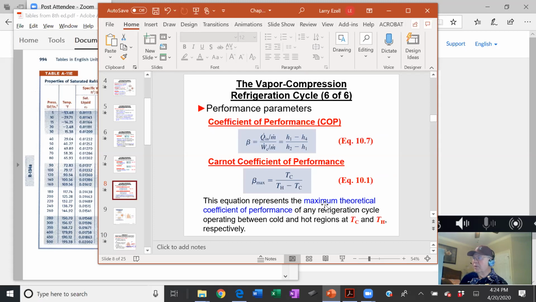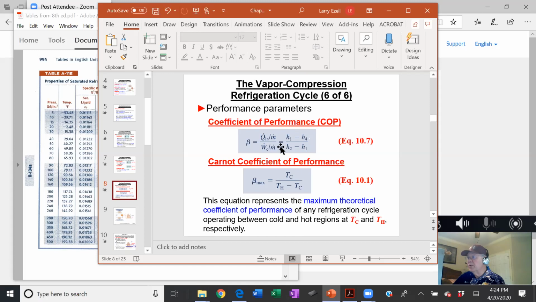There are a couple of parameters we want to look at. Coefficient of performance, we talked about that. That's beta. And beta is equal to the QC, we called it in some of the other diagrams, the amount of cooling you're absorbing divided by the work of your compressor. So beta is H1 minus H4 over H2 minus H1.